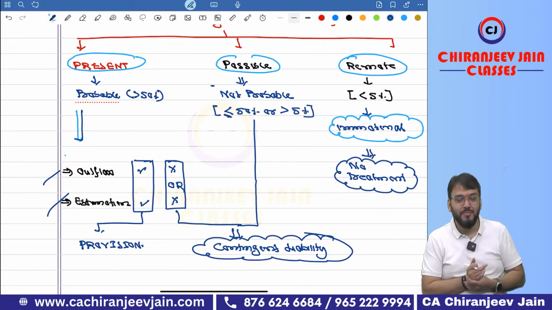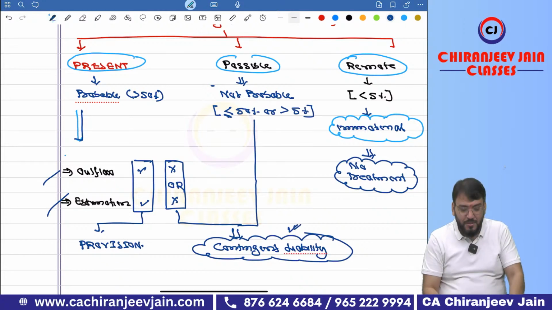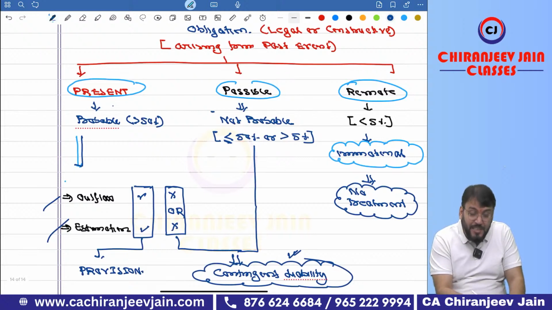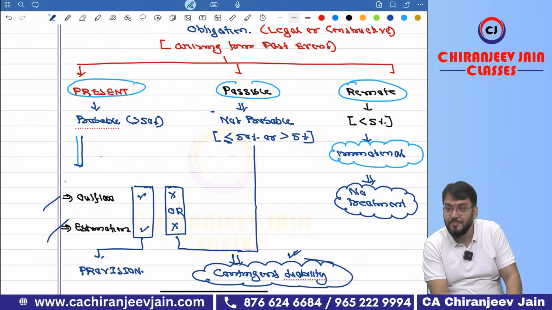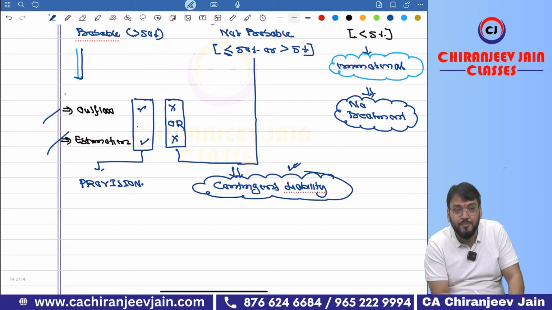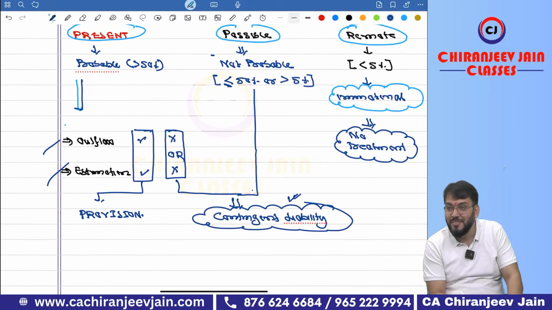Yes. So can I give you one definition of contingent liability in simple words from this chart? The contingent liabilities are present obligations arising from past event which are not recognized either because outflow of resource is not probable or reliable estimation cannot be made, or it is a possible obligation arising from past event.